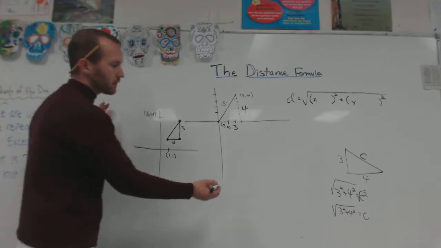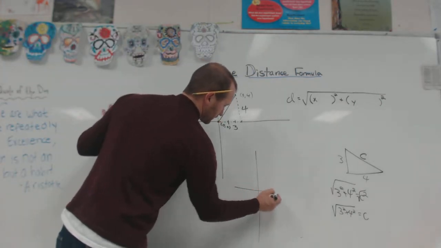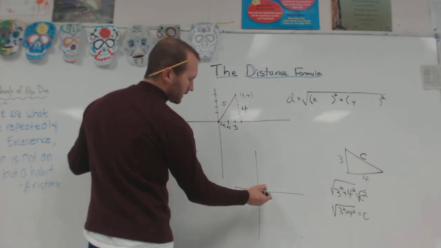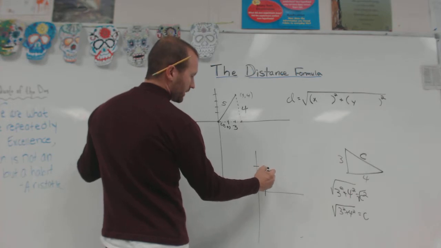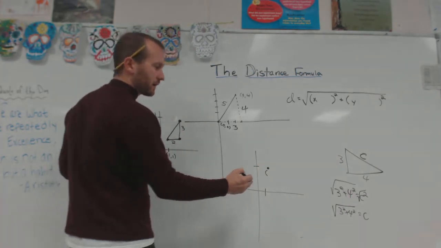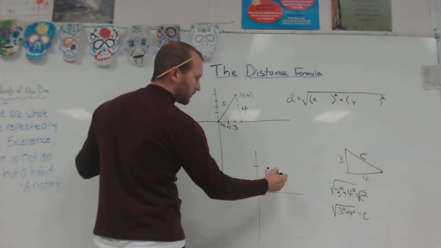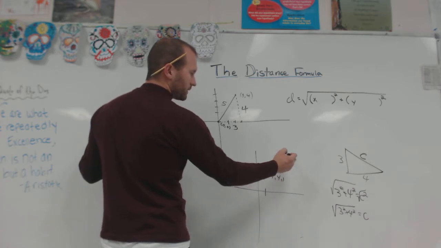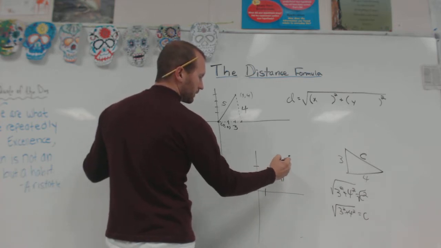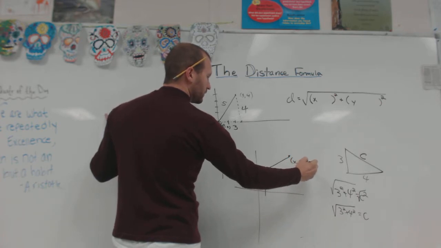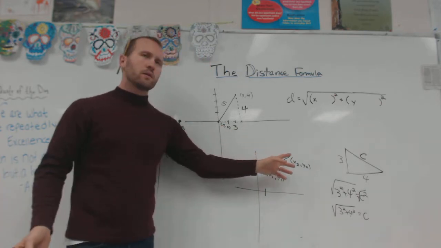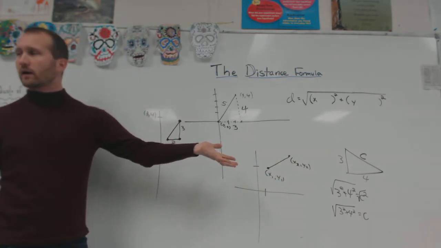Like, let's say I gave you a graph, and I said, here's a point, but I'm not telling you what values they are. This is just going to be x1, y1. And here's another point. This one's going to just be x2, y2. You don't know what numbers x and y are.